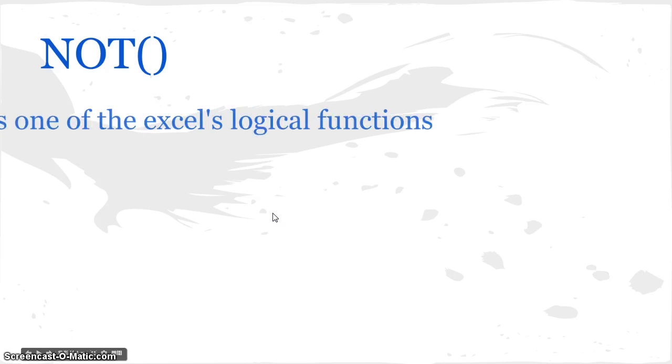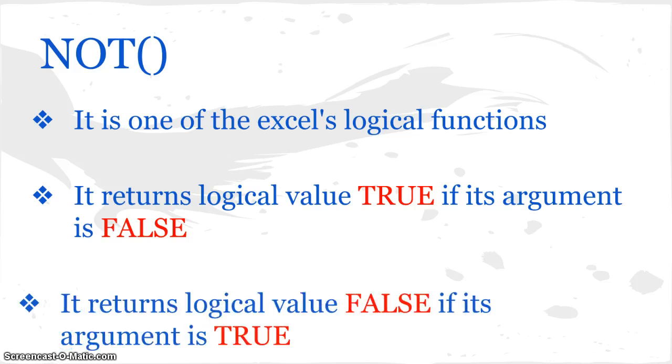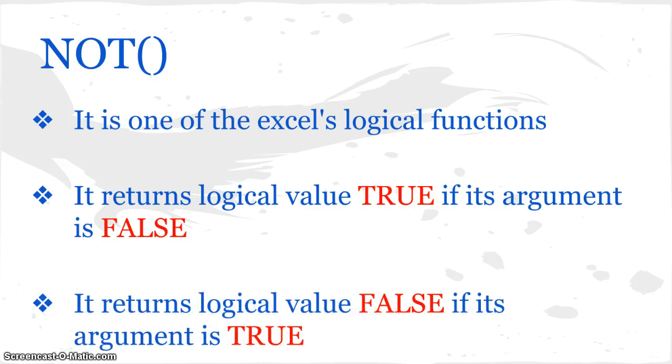NOT. It will present the opposite value of its arguments, and it means that it returns logical value true if its argument is false, and it returns logical value false if its argument is true.